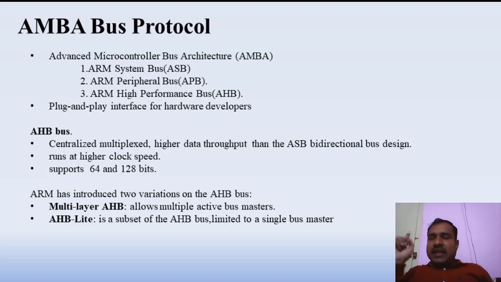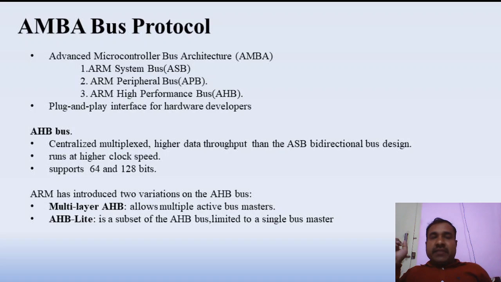In the multi-layer ASB, ARM allows more than one bus master. Bus master, I already told you, is the device which is capable of initiating a transfer. With the multi-layer ASB, you can have multiple bus masters active at a time, which allows co-processing to be added into your system.